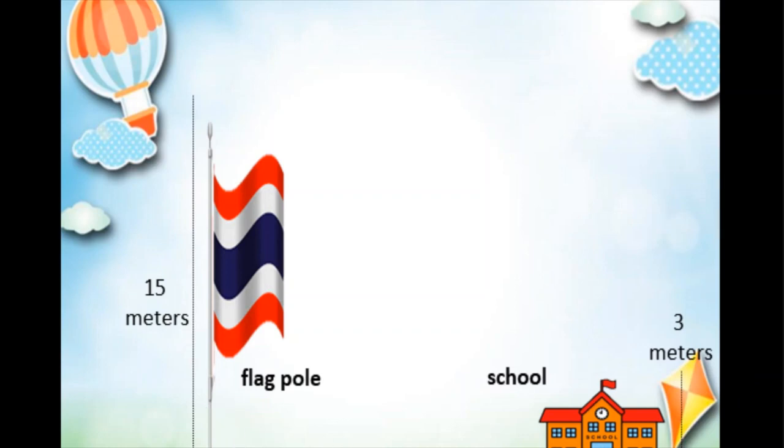And that gives us an approximate of 300 meters. So, which means from the flagpole going to the school building, it is 300 meters.